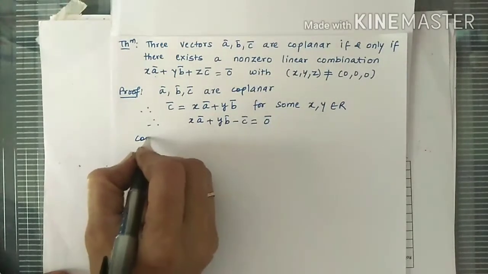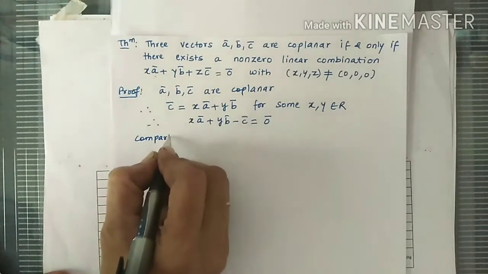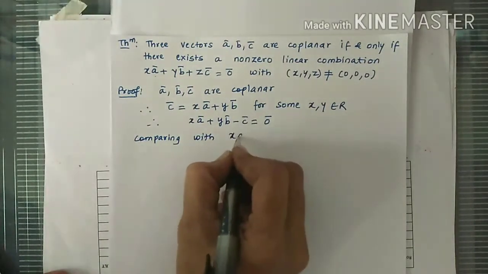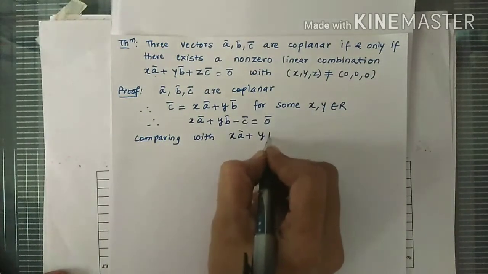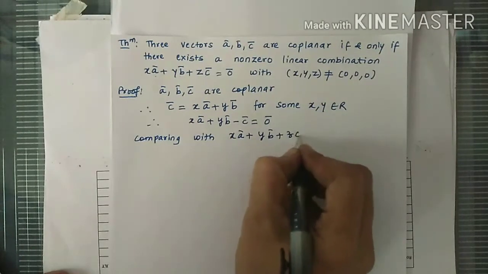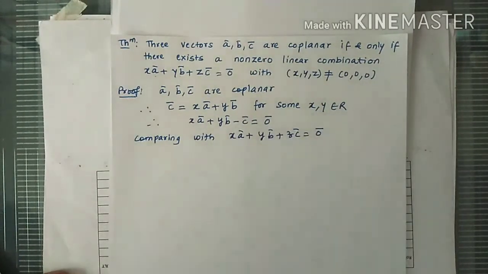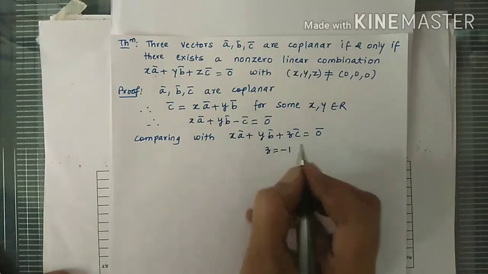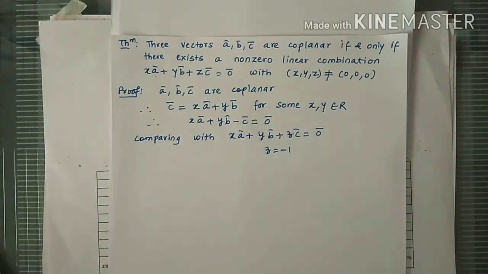So comparing with XA bar plus YB bar plus ZC bar equal to 0 bar, we have Z equal to -1. So considering three coplanar vectors, we have such a linear combination.